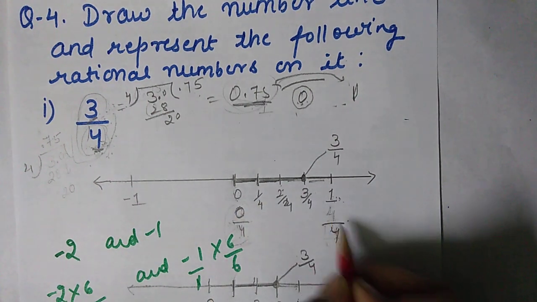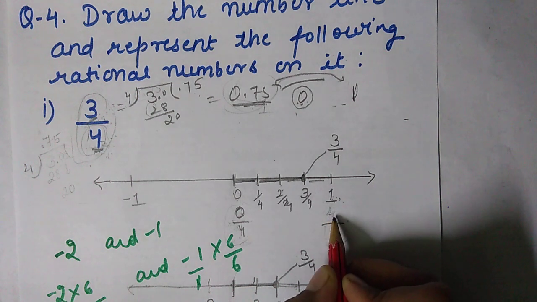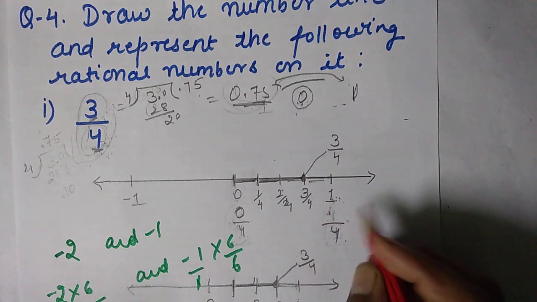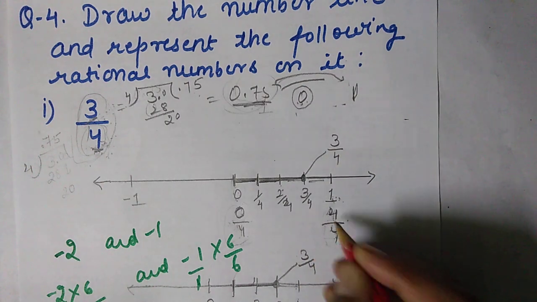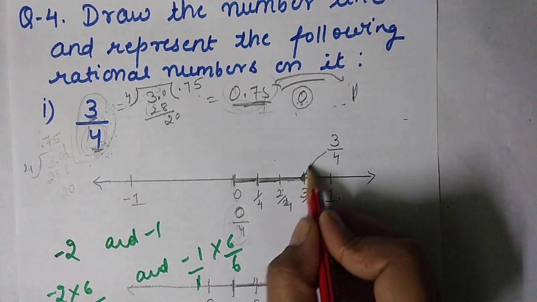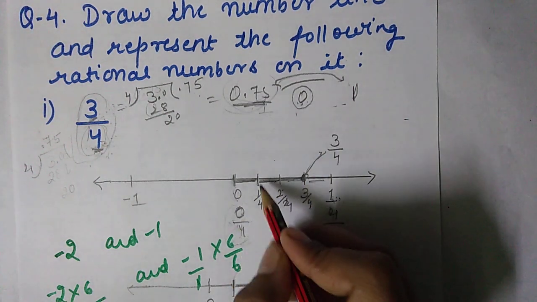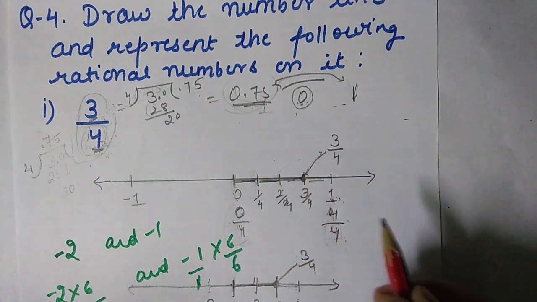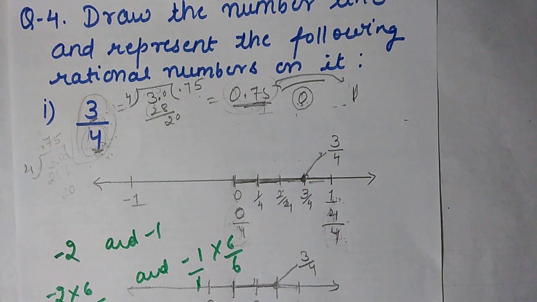Now I have to think of a numerator so that the result gives 1. The denominator is already 4, so it should be 4. Now you write the sequence. These are your required rational numbers: 0 by 4, 1 by 4, 2 by 4, 3 by 4. This is how you can represent rational numbers on a number line.